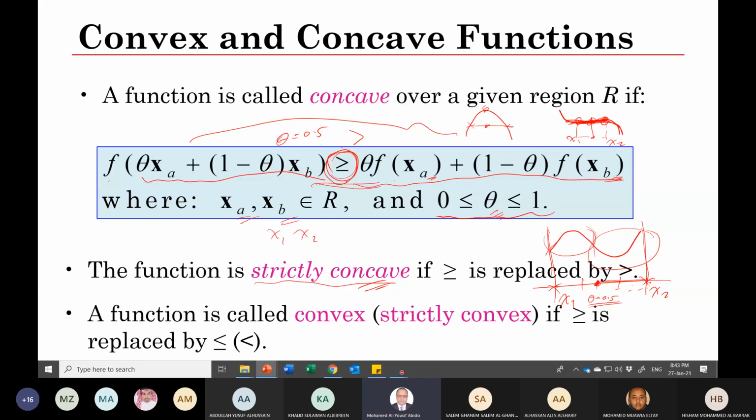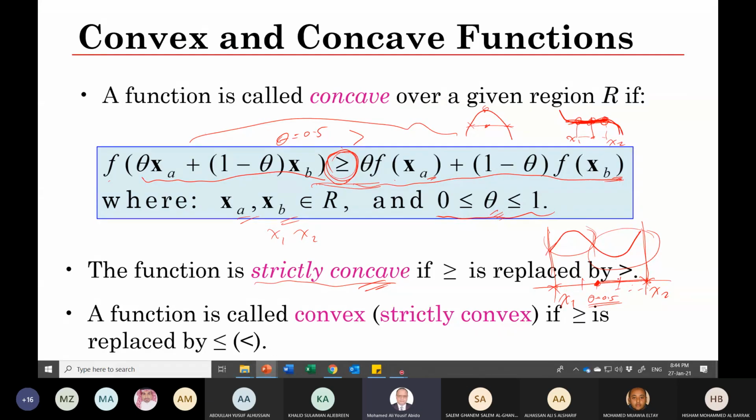If theta is greater than 0.5, you are weighting this value higher, so you are very close to this one. If theta is less than 0.5, it means you are weighting this more and more.